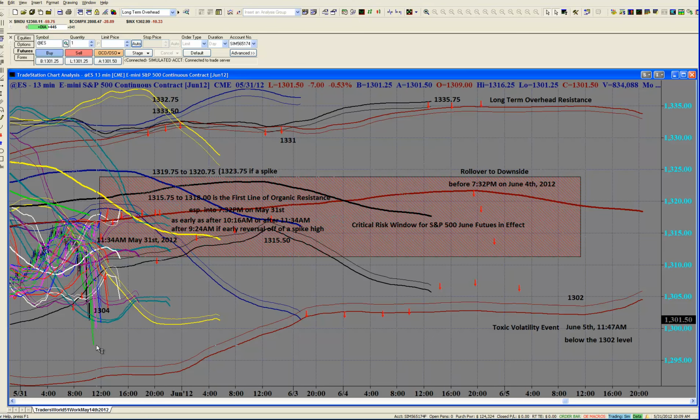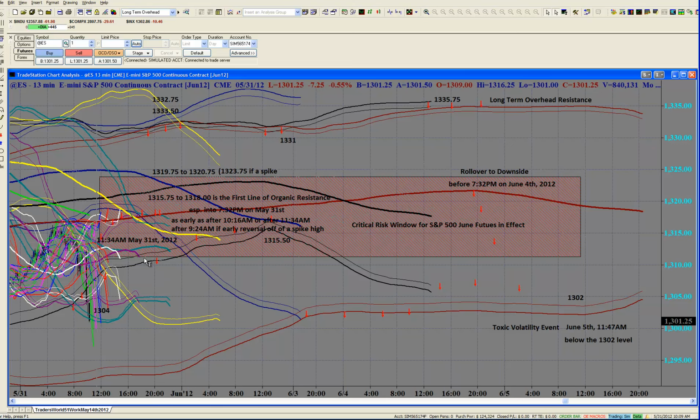So it went right into that critical support, but projections are already pointing towards the 1297 area, and earlier we indicated the 1285 area and the 1282 area right now is critical support as we go into the June period.